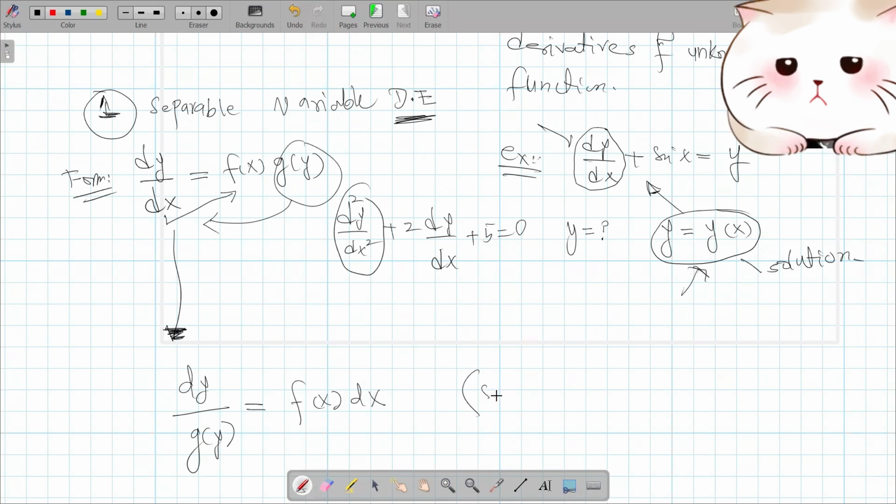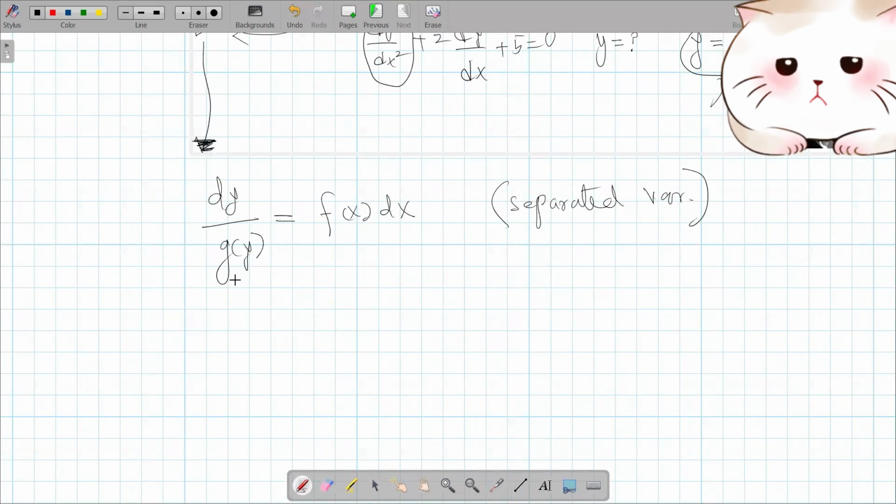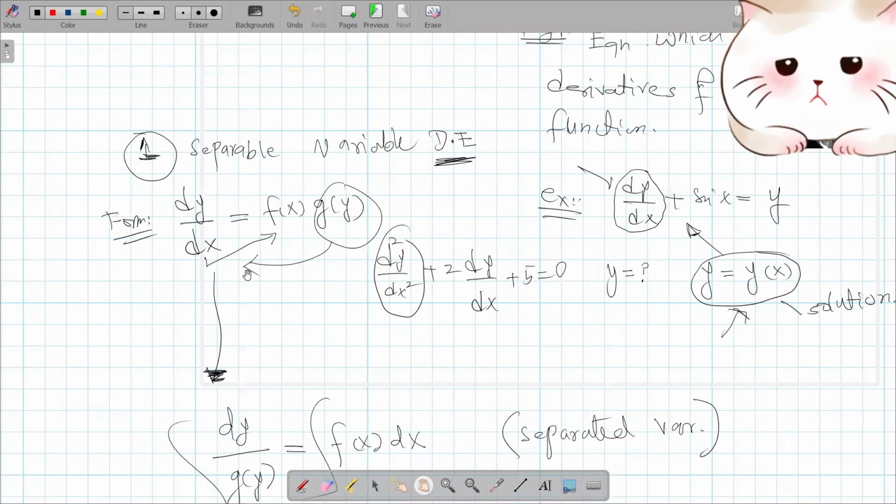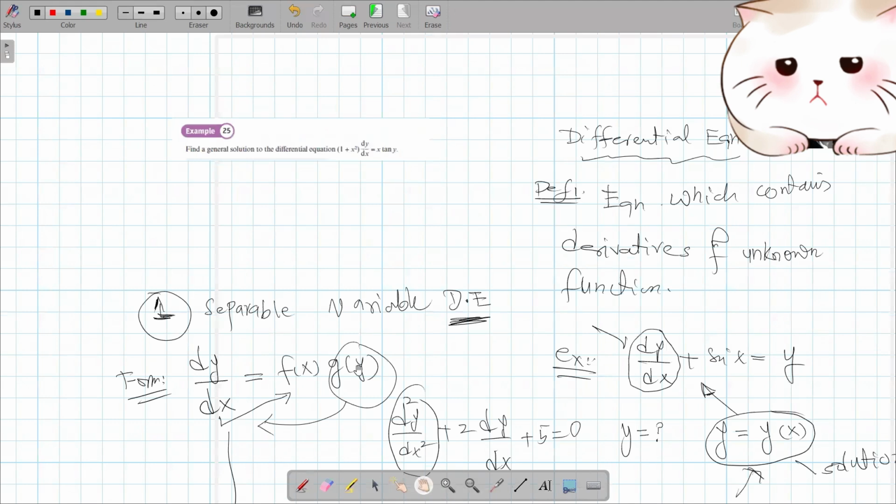So we say that we have separated the variables. After separating the variables, we just take the integral on both sides. And the integral gives us the general solution. Let's see a particular case as given in this example number 25.